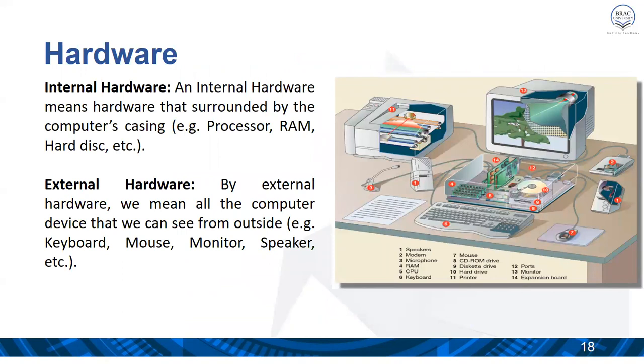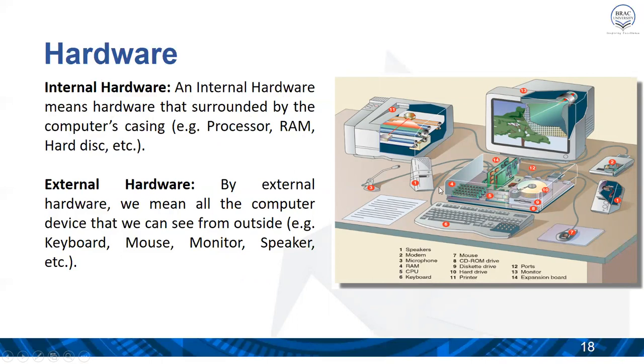Hardware. Figure shows the hardware components of the computing system. Hardware usually can be divided into two types: internal hardware and external hardware. Internal hardware means hardware that's surrounded by the computer's casing. Processor, RAMs, hard disks are examples of internal hardware.